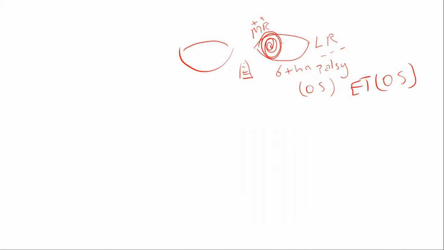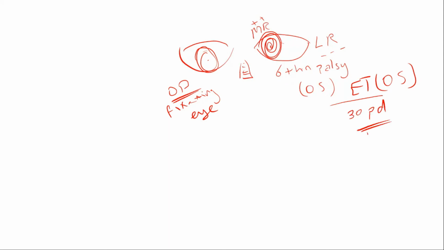In this position, OD, the right eye, is the fixating eye, and the left eye is the affected eye. Suppose we measure the angle here, and let's say it's 30 prism diopters. This is called the primary angle, because this is the angle of strabismus in the affected eye.